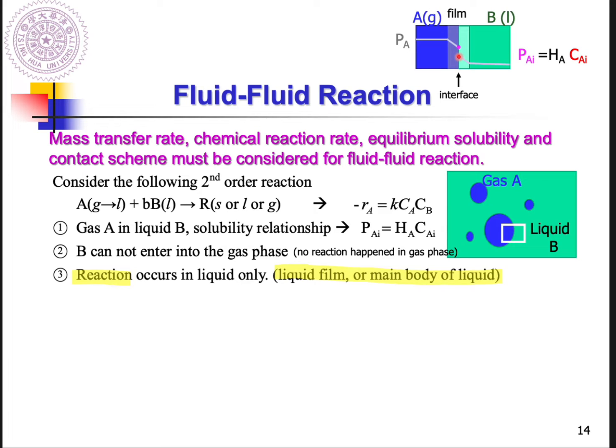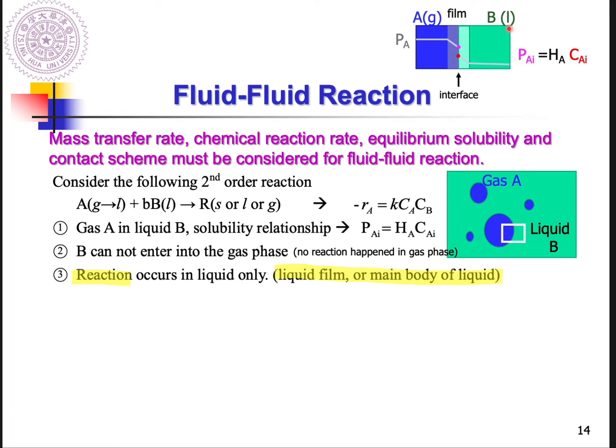And then C_AI also decreases within the liquid film layer, then remains constant in the bulk liquid. And as we mentioned, B is not going into the gas phase. So all the reaction can only happen either in the film layer or the bulk liquid or both. So now we confirm the chemical reaction only happens in the liquid phase.